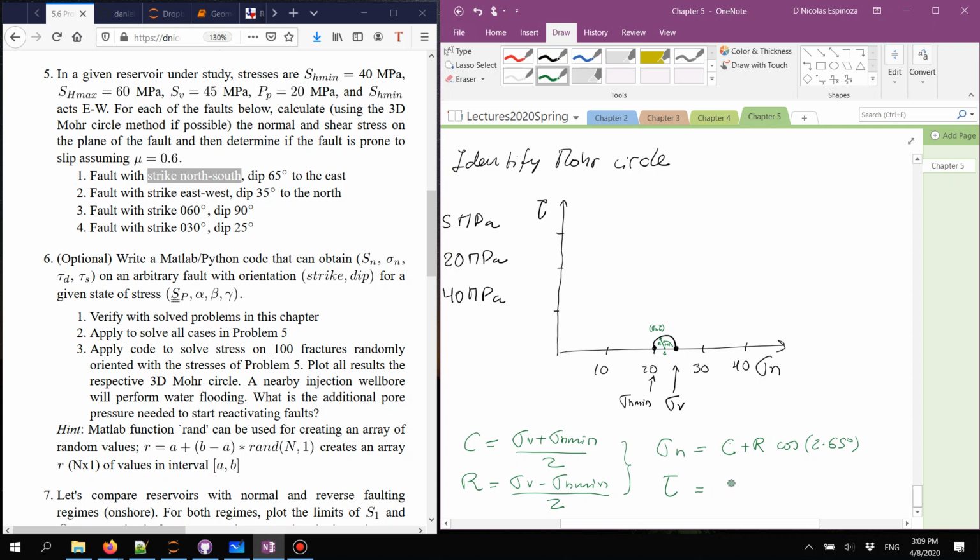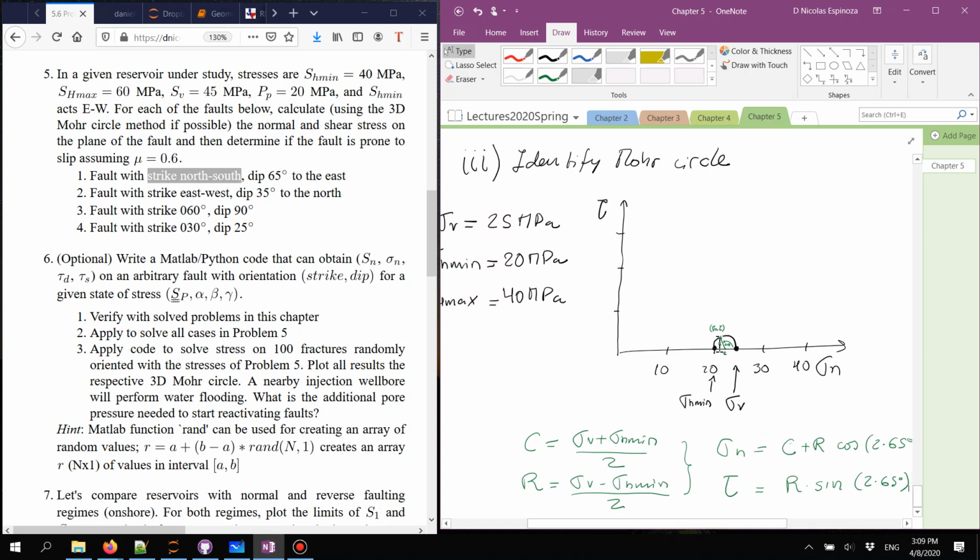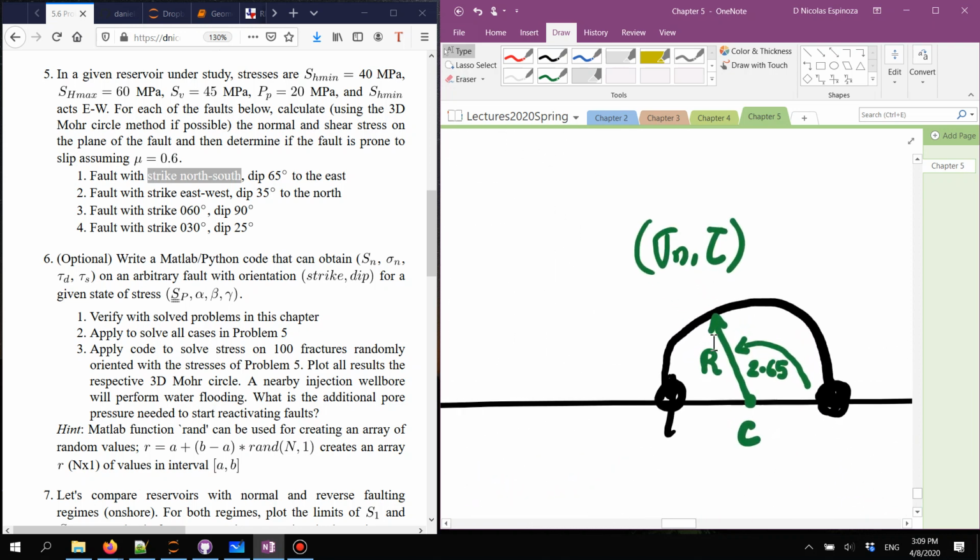And for tau, it's just going to be the radius times the sine of 2 times 65. So when I apply these equations, I'm going to get the state of stress at this point.